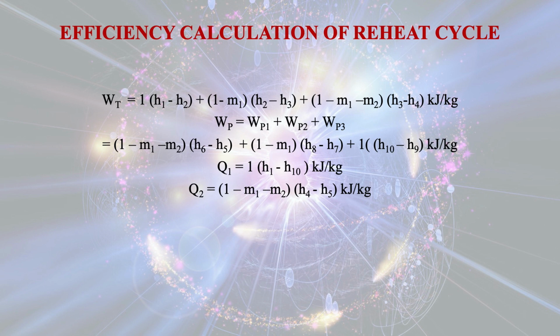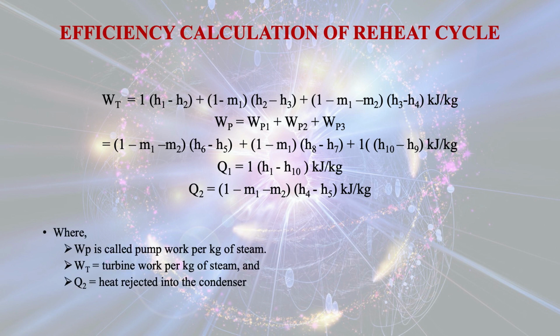Now Q1 is the heat added to the water in the boiler, so Q1 is equal to H1 minus H10, and Q2, the heat given out in the condenser, is equal to (1 minus M1 minus M2) multiplied by (H4 minus H5) kilojoule.